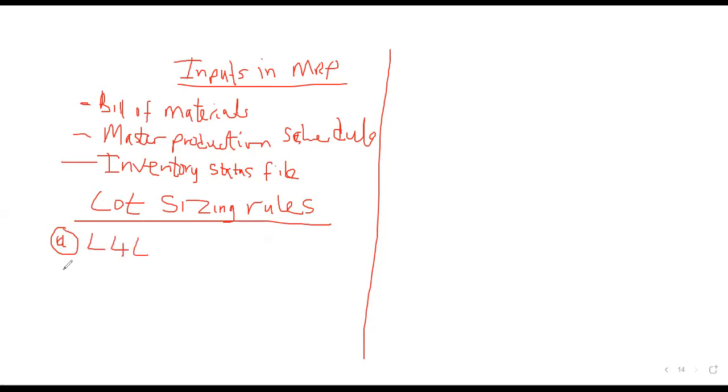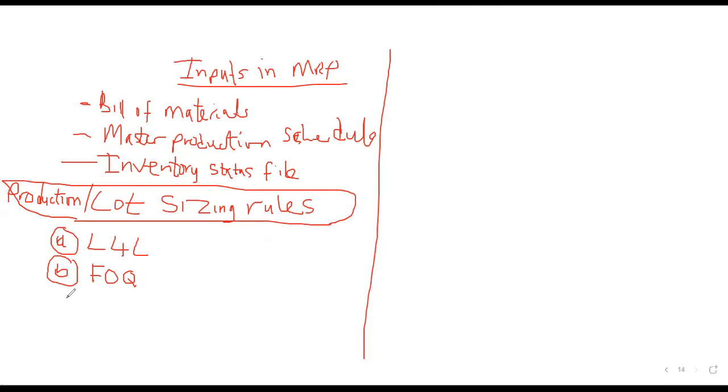The other one is fixed order quantity, FOQ. So these are sizing rules or production rules, or lot sizing rules in MRP.